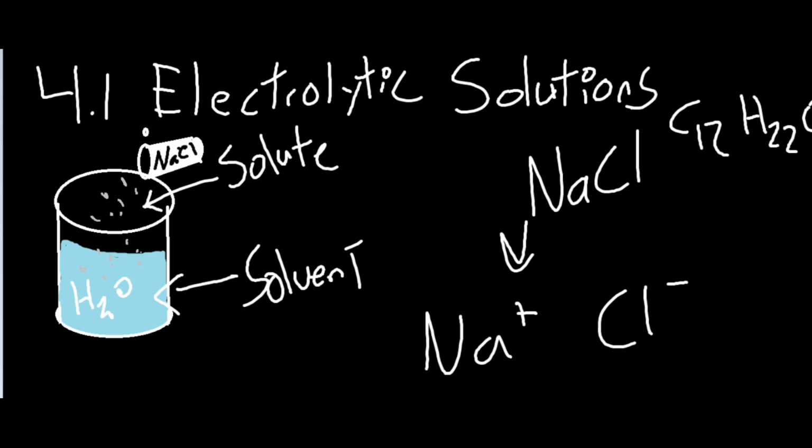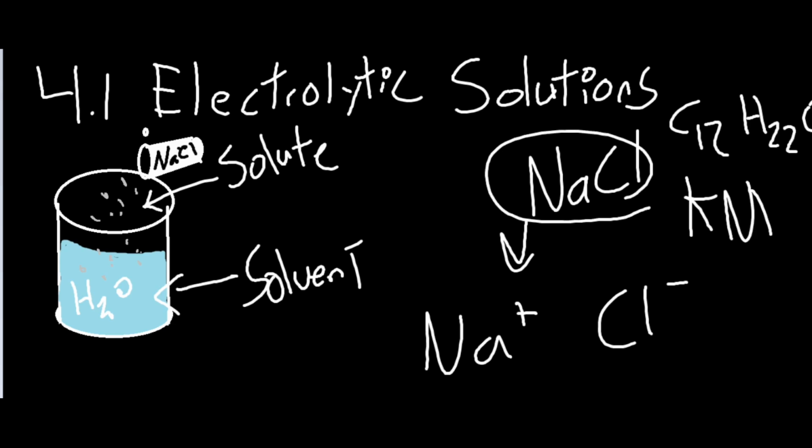Now, compounds such as NaCl or, I don't know, KMnO4, these ionic compounds are the things that will dissolve in water and form your electrolytic solutions. If you don't know what an ionic compound is, it's just when you have a non-metal and a metal in a bond, at least one metal.